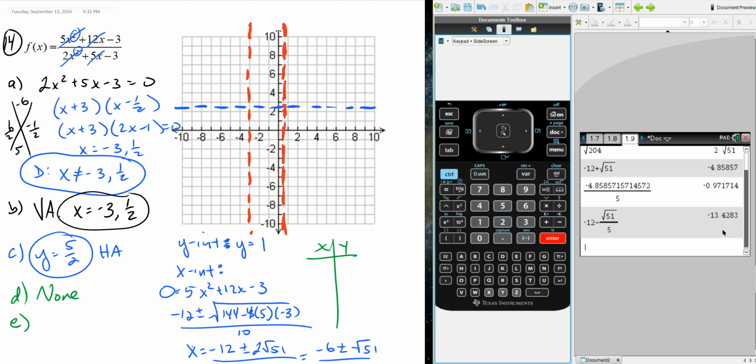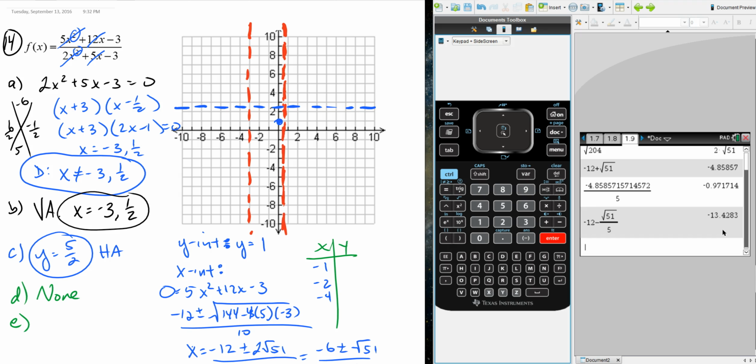Alright, let's go ahead and make a table of values. So we've got some stuff going on in between the two graphs. So let's try 0. Well, at 0, we know that y is 1, so there's a point here. Let's try -1 and -2, see what happens.